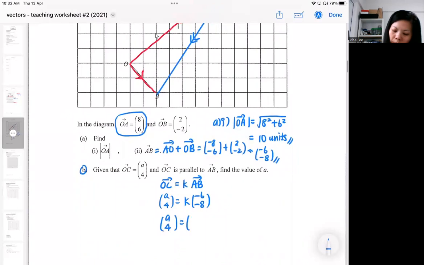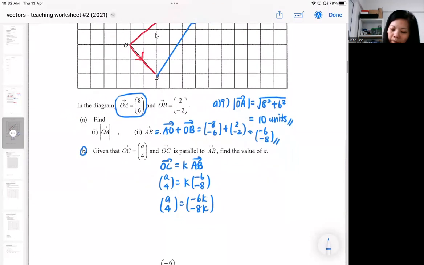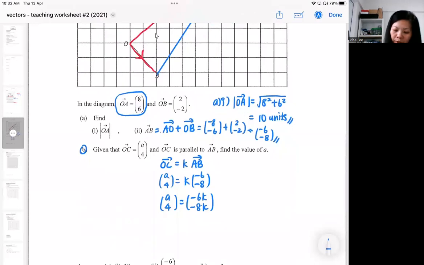So from here, you can just do your normal comparison, a bit like simultaneous equation. So from here, you get minus 8k equal to 4 if you compare the bottom, and you get k as minus 2. Then you compare the top.